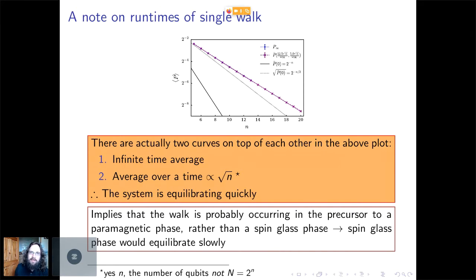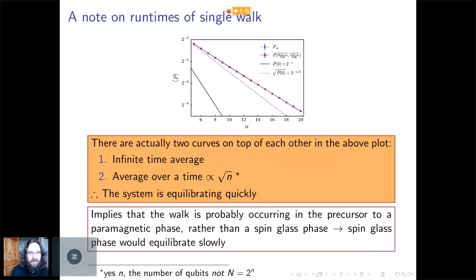So you might ask, okay, how long have we actually run this quantum walk? Turns out here there's actually 2 curves on top of each other. You just can't see them because they lie literally exactly on top of each other. There's an infinite time average, which you can just calculate using some special mathematical tricks.